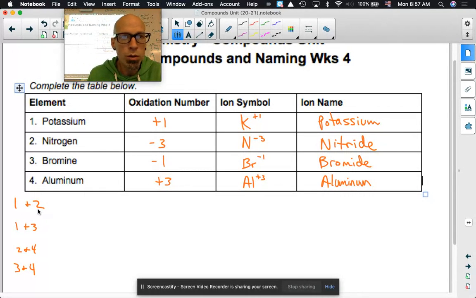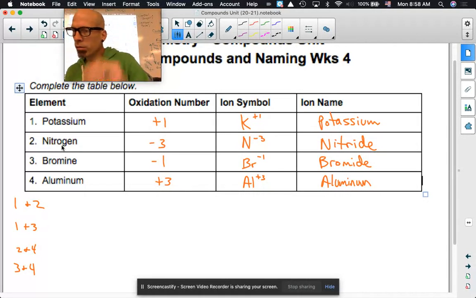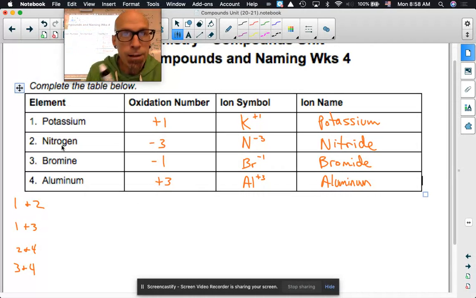So for 1 and 2, we're supposed to put ions 1 and 2 together in a compound. So what if potassium and nitrogen get together to form a compound? They want to know, I believe, the formula. Let me look at the worksheet here. The formula and then the name. Formula first, then the name. Now, when we had this conversation in class, how do you know which one goes first? How do you know which one to list first in the formula and in the name?